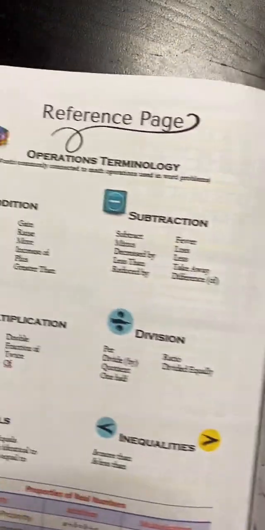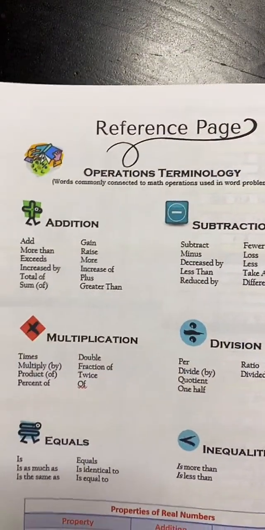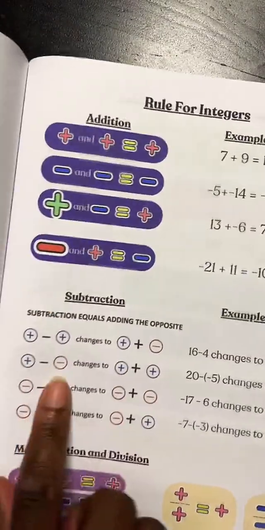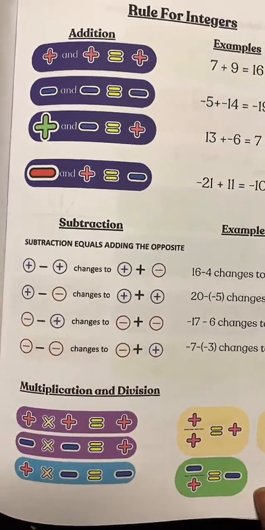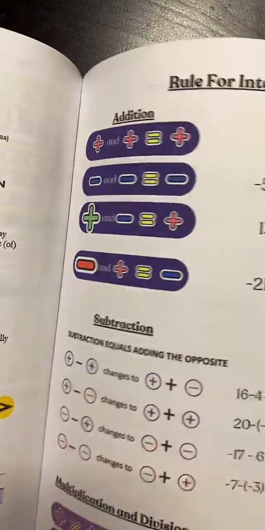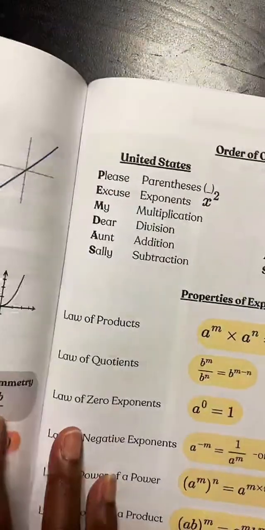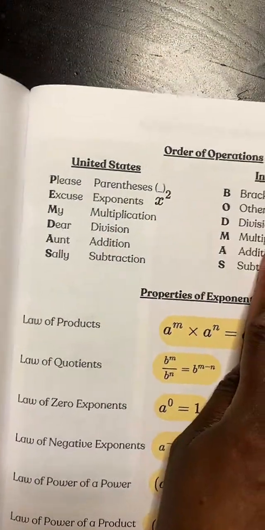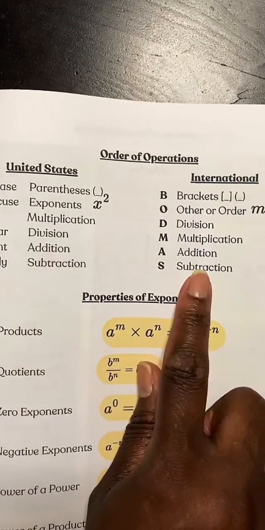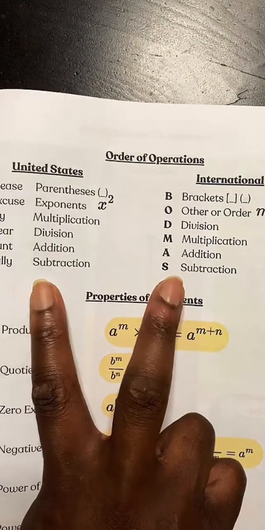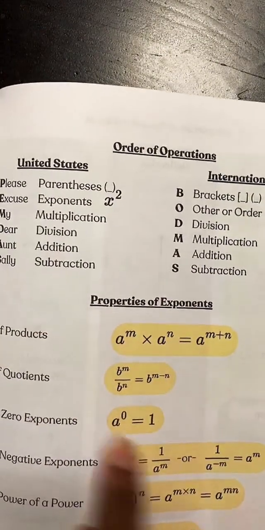So if anything, it always has all these reminders, like from word problems, the most popular words that you'll see in word problems, the addition, the subtraction, the multiplication and division with the signage. This is going to be huge. Okay. Order of operations here in the US and also international, same stuff but different phrasing.